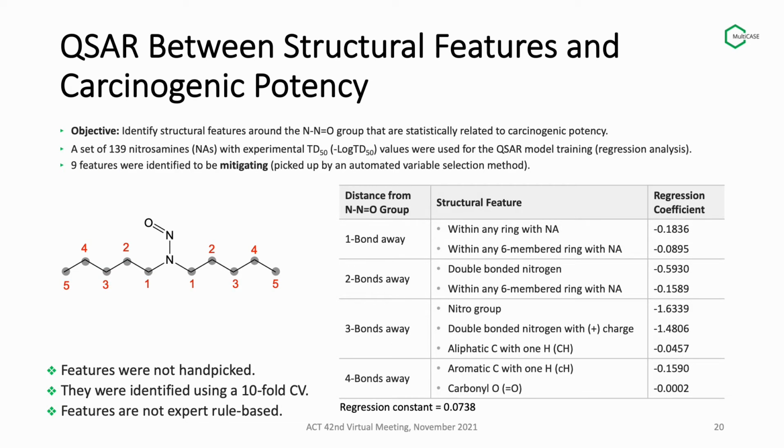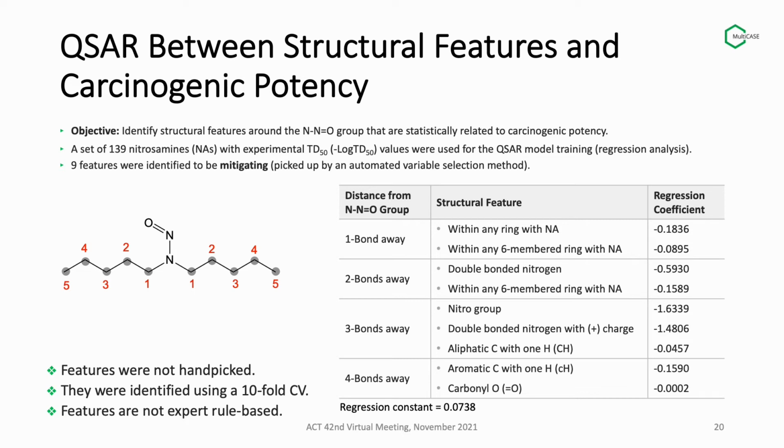The first computational approach that I tried is to build a simple QSAR model. The training set comprised 139 nitrosamines with their experimental TD50 values available mainly from the CPDB database and from literature.